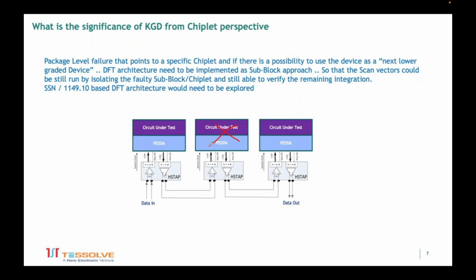If there is a way to do that, then the device manufacturer can look at how to sell it as a next-level, lower-grade device. Then definitely you don't want to throw away the whole package because of one chiplet.